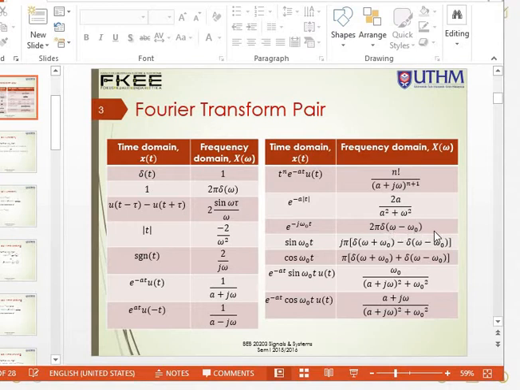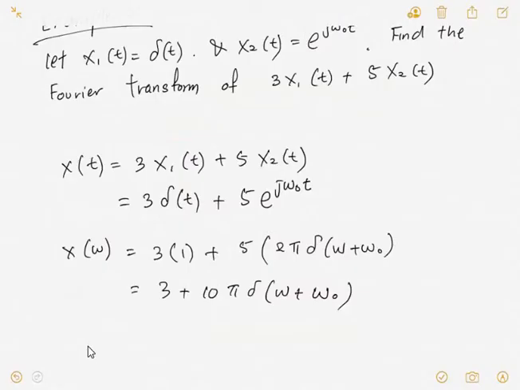Since it's positive j omega naught t, here it is also positive, so 2 pi delta(omega plus omega naught). So you have 3 plus 10 pi delta(omega plus omega naught). So you can simplify and get this answer.